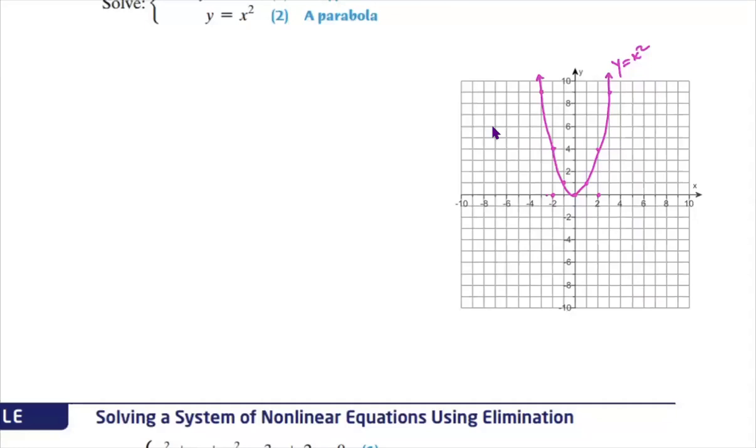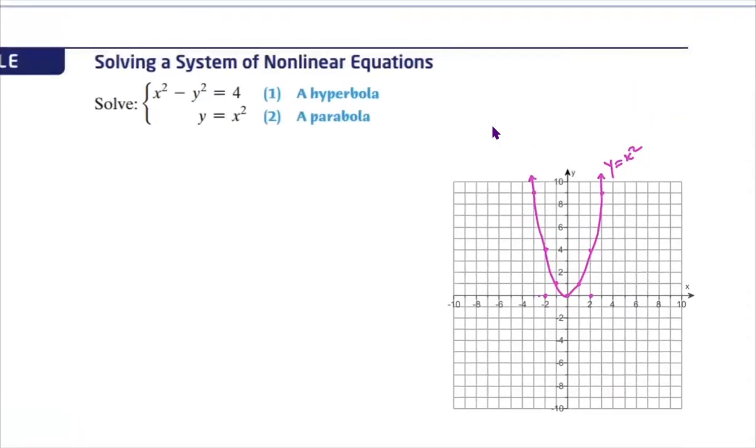The first one is x squared minus y squared equals 4, which is y equals plus or minus the square root of x squared minus 4.